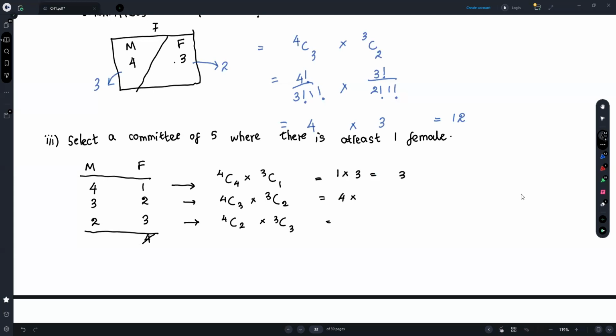This is 4 times 3, 12. 4 choose 2 is 6. 1. Now this you have to add, right? These are possible ways. So, I mean, different committees. So these 3 values you have to add. So there will be 21 different committees.